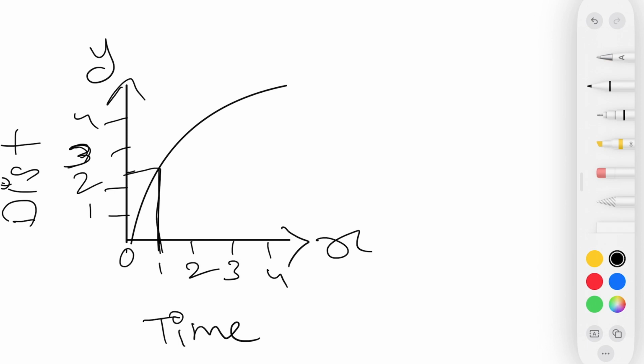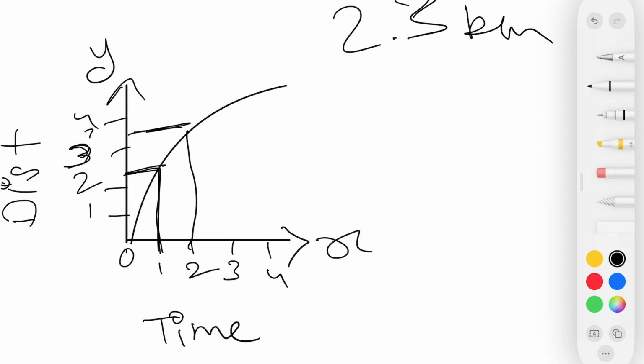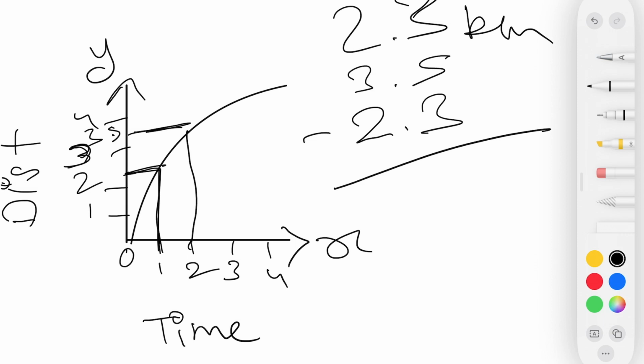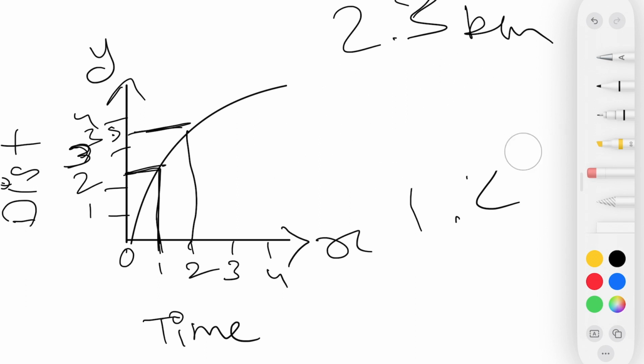So in 1 hour, it's covering 2.3 kilometers. In the second hour, it's covering 3.5 kilometers. So basically 2.3 kilometers and 3.5, right? 3.5 minus 2.3 is 1.2 kilometers.